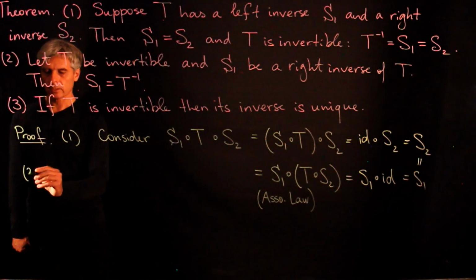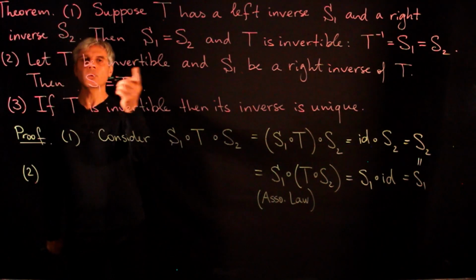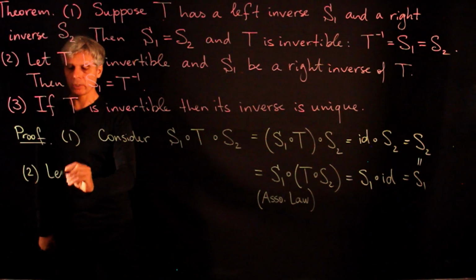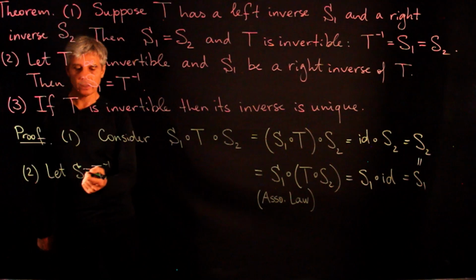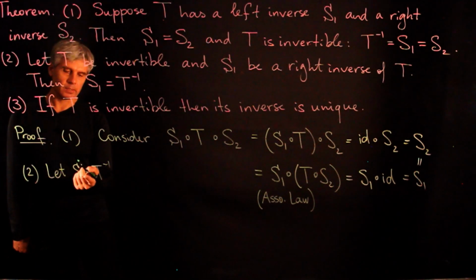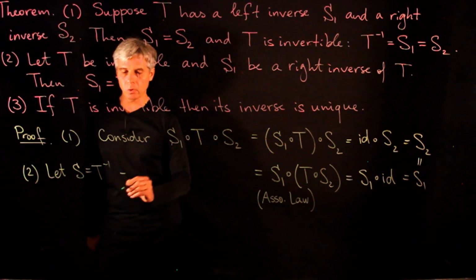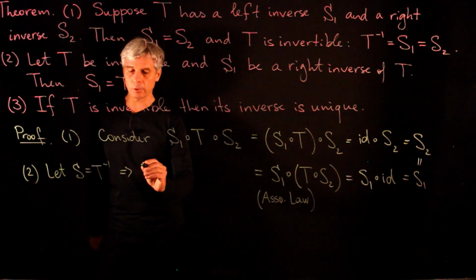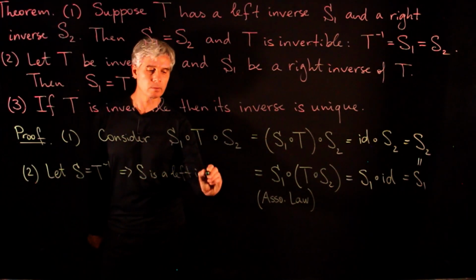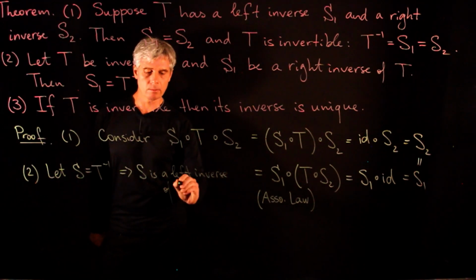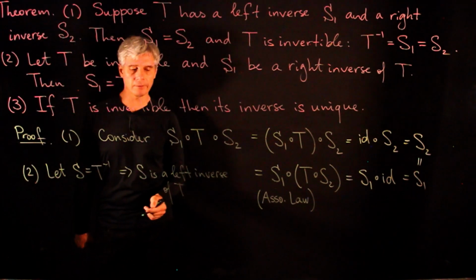So now let us look at the second part. Here we are told that T is invertible. And so let's call S the inverse of T. Then this inverse of T, S, is both the left and the right inverse. So in particular, S is a left inverse of T. Well, it's actually a full inverse, but in particular it's a left inverse.